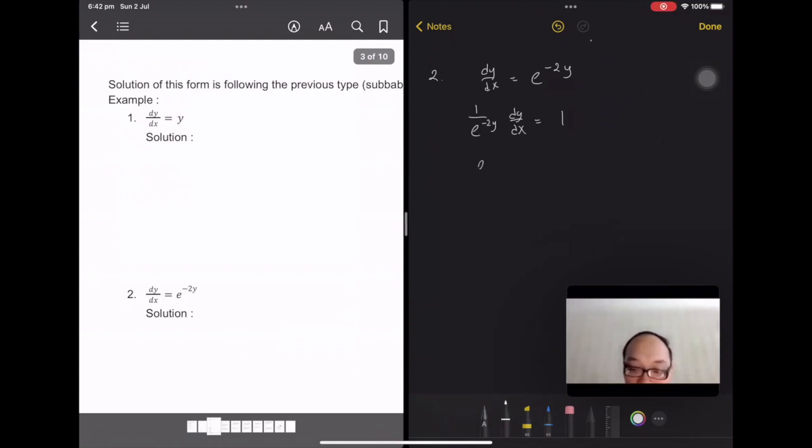Or we can rewrite it as e to the 2y dy/dx equals 1. And then we integrate both sides with respect to x. It becomes the integral of e to the 2y dy equals x plus c.